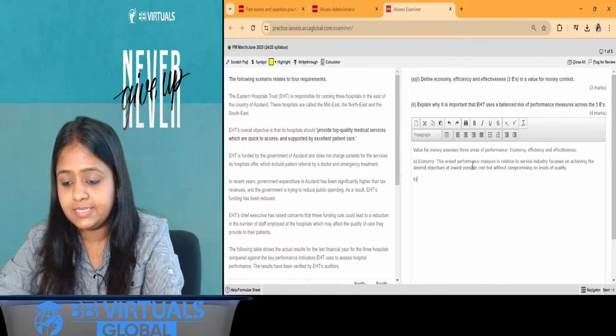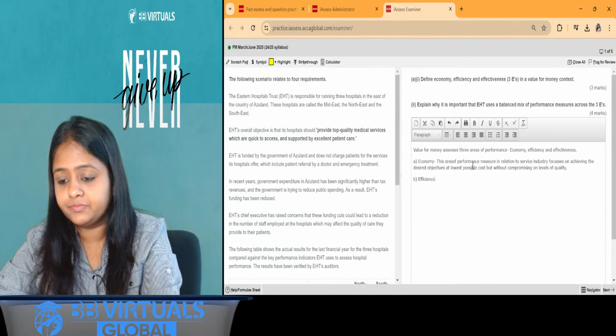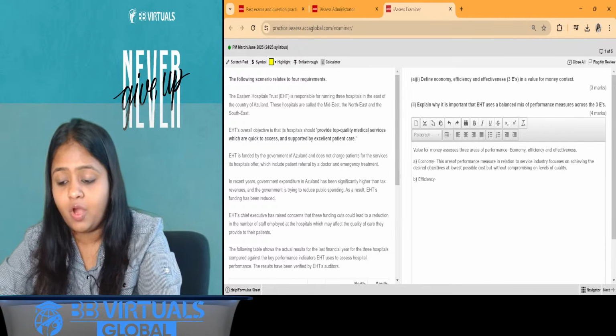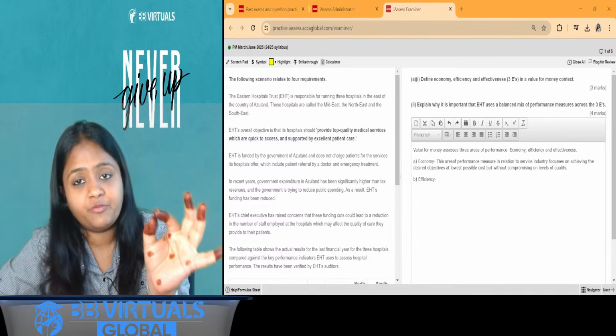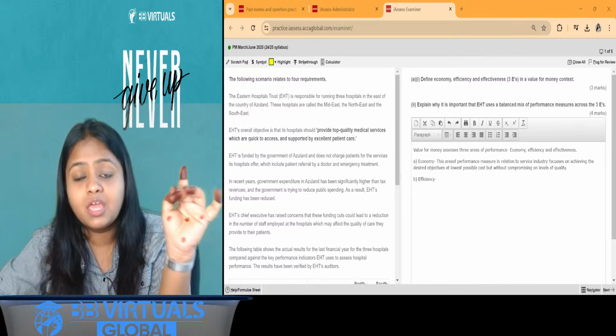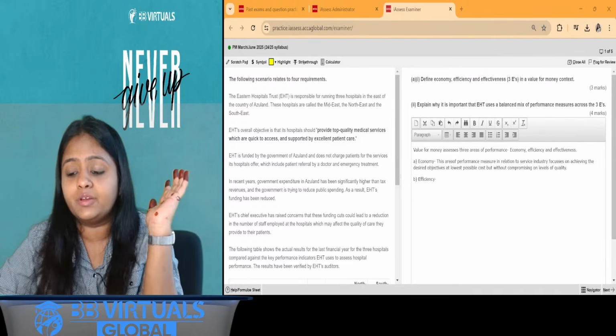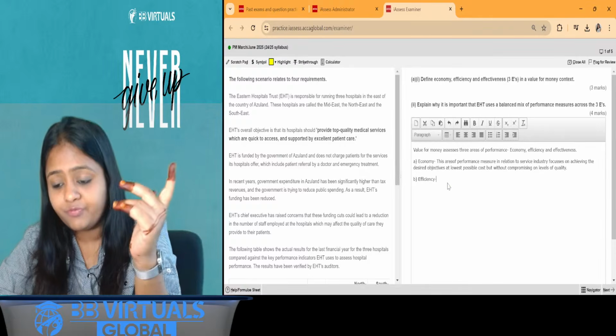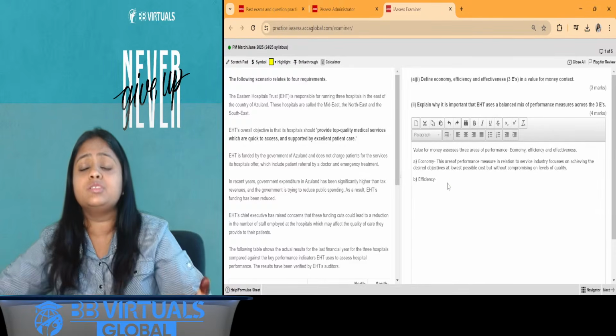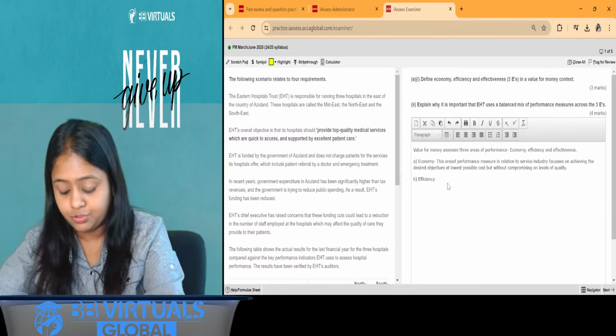The B part talks about efficiency. So now I am going to give you 1 pointer for efficiency. Yes, you got your 1 mark for writing the 1 pointer for economy. Now let's go for efficiency. Efficiency is all about input output ratios, right?